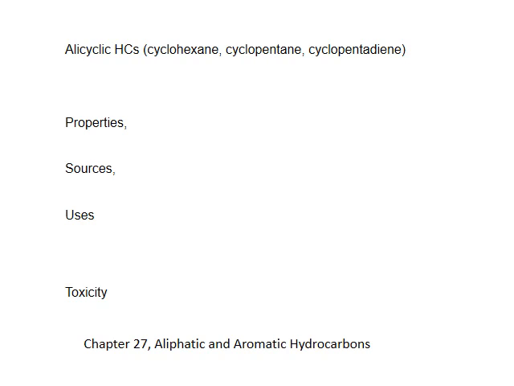The alicyclic hydrocarbons that we'll now discuss include cyclohexane, cyclopentane, and cyclopentadiene. Cyclohexane is a flammable colorless liquid obtained from crude oil as a distillate. It's used as a solvent for paints and various resins, and also used in organic synthesis of various compounds.